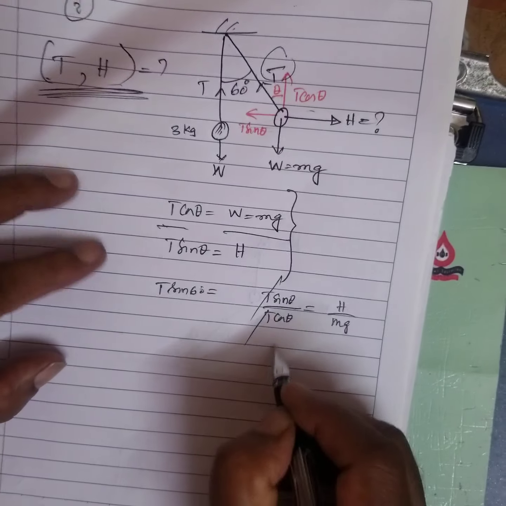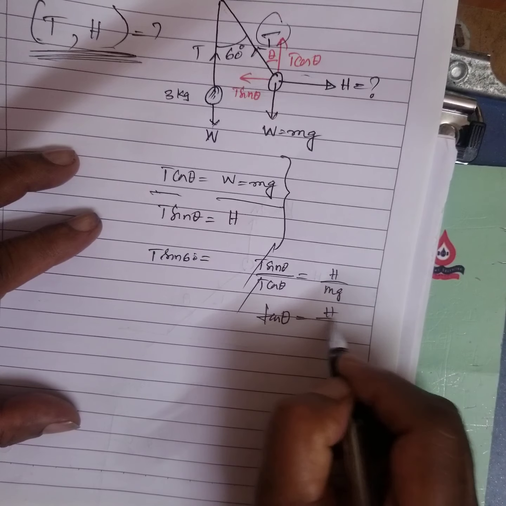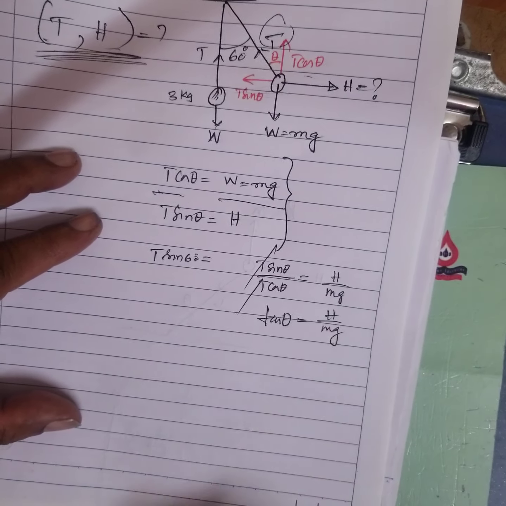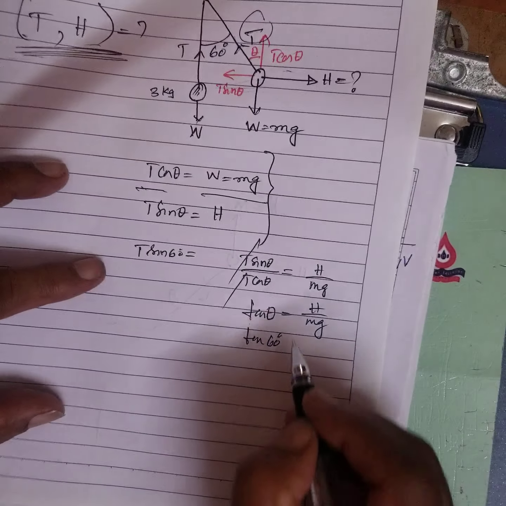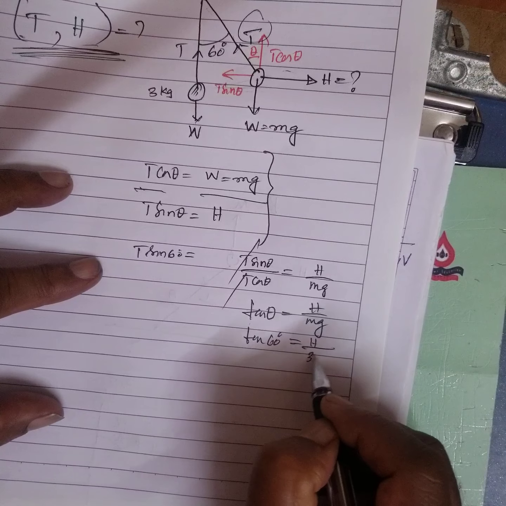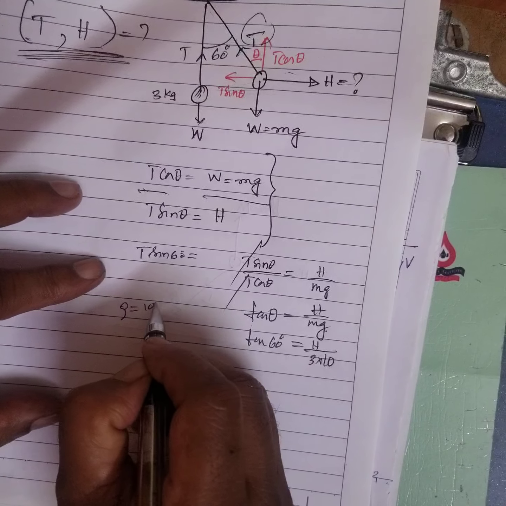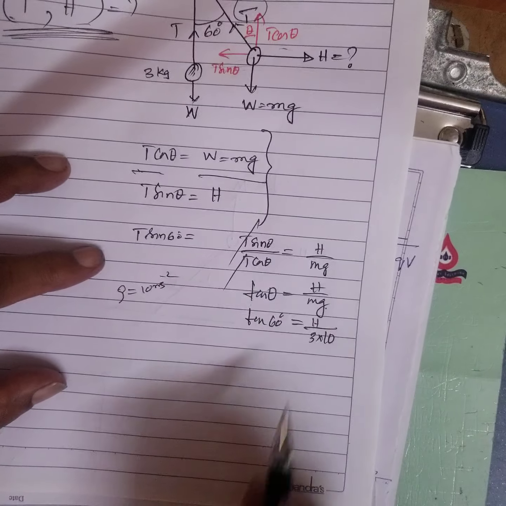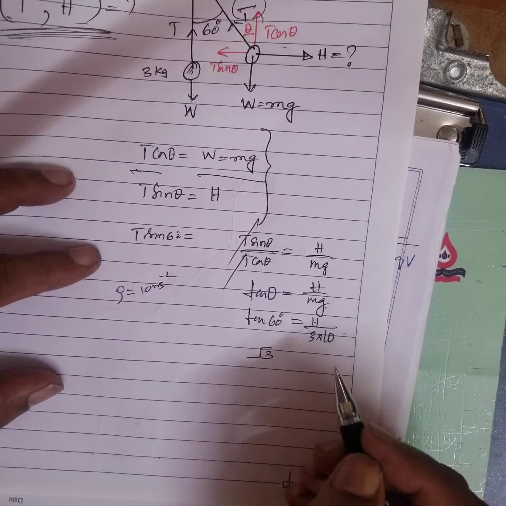Tension gets cancelled. Tan theta is equal to h by mg. Theta is 60 degrees. Horizontal force we don't know. Mass is 3. G is 10 meter per second square, just take it in this case. Tan 60 is root 3.